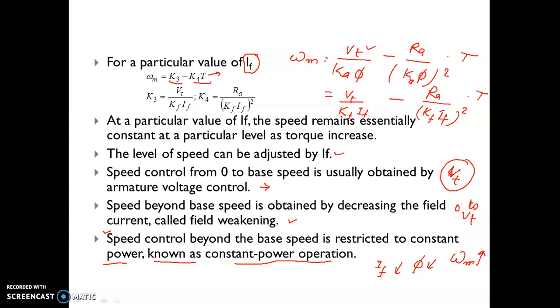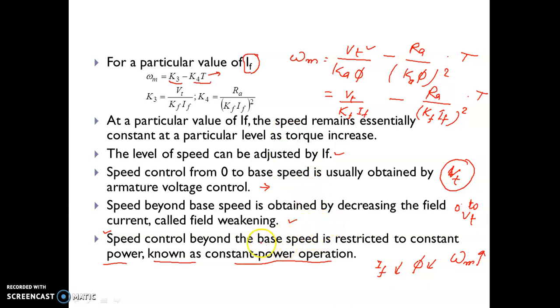Beyond that, the power equation and constant power relation will also be considered. So beyond a certain limit we cannot allow the speed to go.